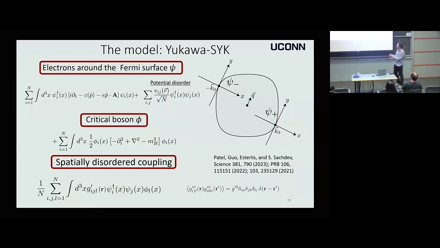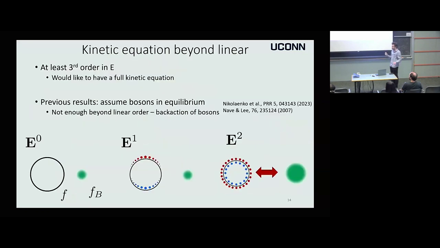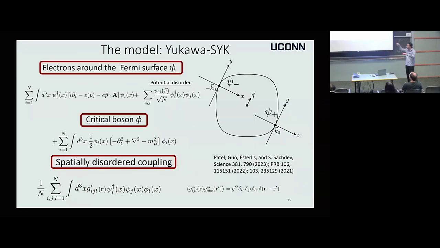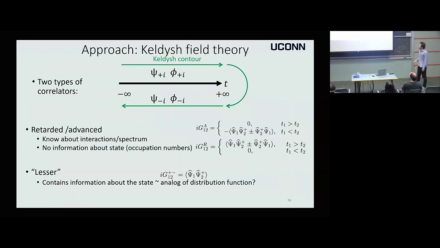And the constant allows you to treat the fermion-boson coupling, the boson self-energy becomes simpler if you have this constant scattering rate. There's no localization effects here. So again, it's a saddle point.